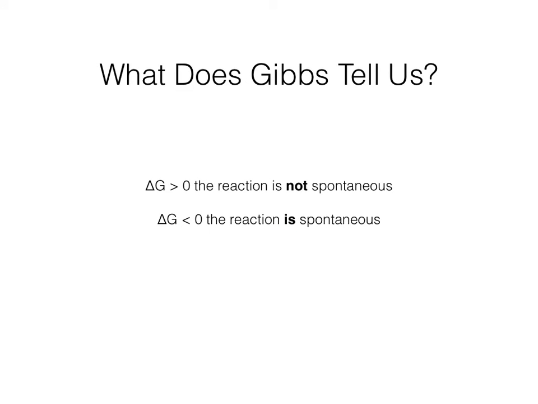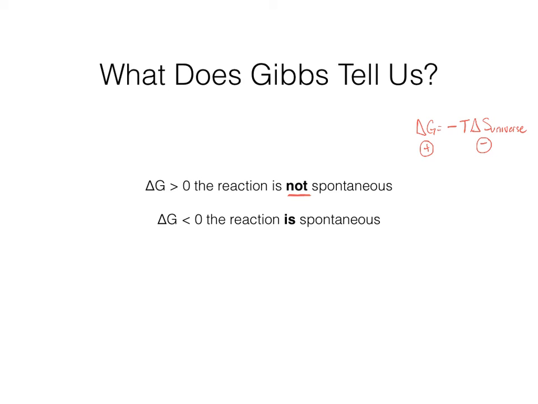And so if the Gibbs free energy is positive, the reaction is not spontaneous, because remember that delta G is equal to negative T times delta S of the universe. And so if Gibbs is positive, then that means that delta S of the universe has to be negative, and a negative delta S of the universe is not spontaneous.